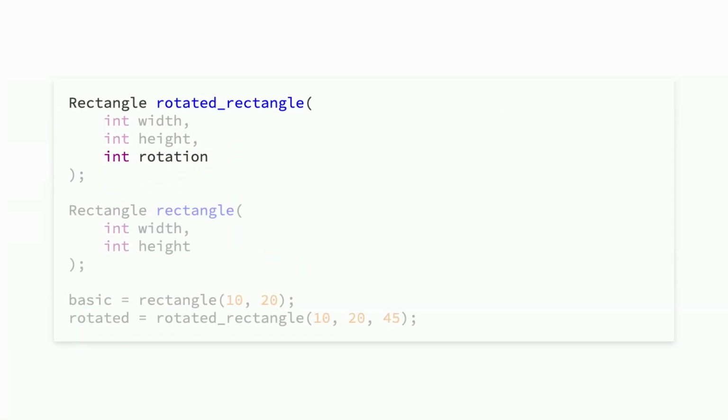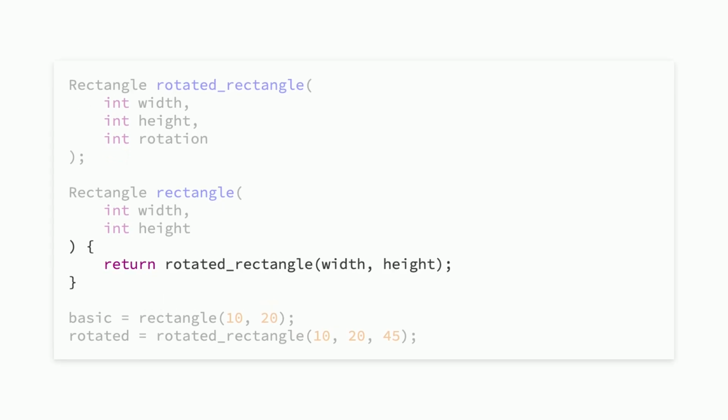The most basic way is by creating a new function with this rotation parameter. Of course, we don't want to duplicate code that makes these rectangles, and so we can update the old function such that it calls the new function and sets that new parameter with a default argument, which in our case will be 0.